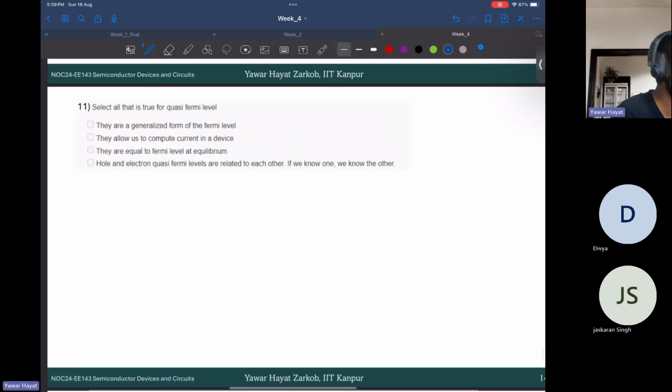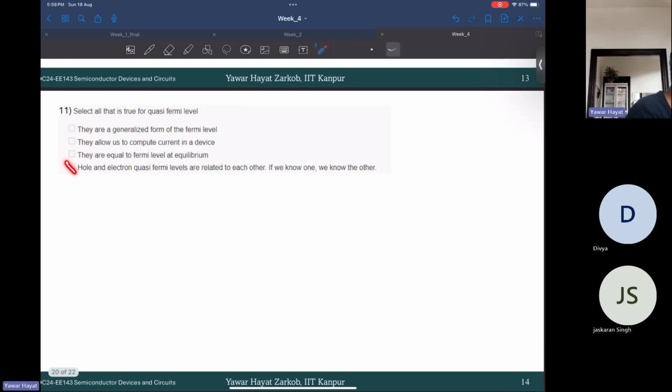The 11th one is you need to select the true statements for the quasi-Fermi level. Should it be A, B, C, or D? This can be a multiple select type question, so more than one option can be correct. It turns out only option D is incorrect.